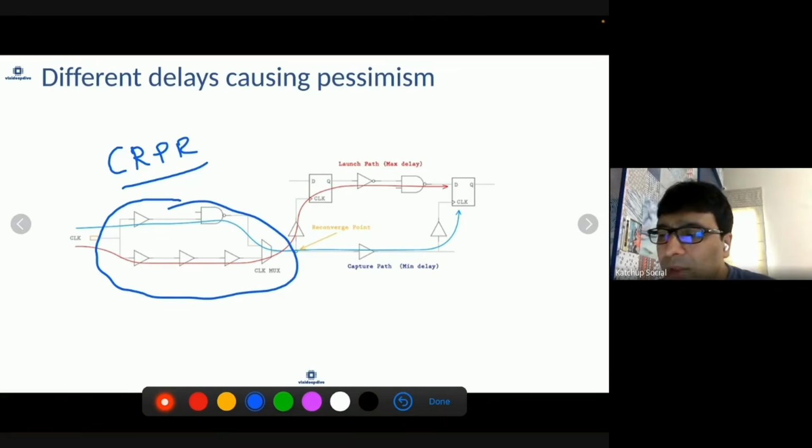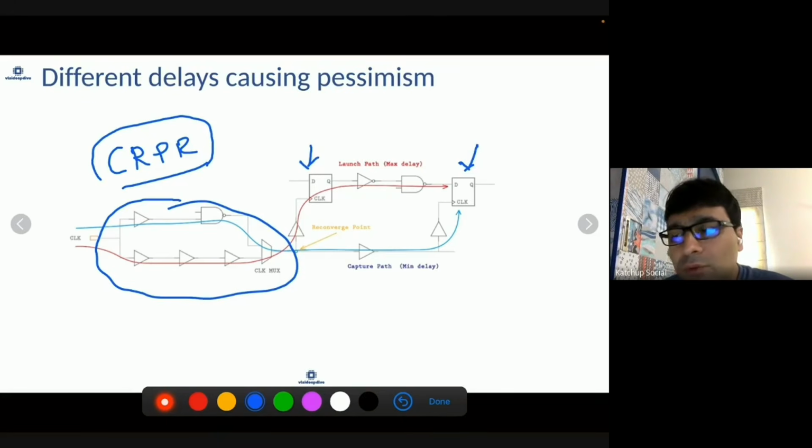This is an advanced concept, but basically you need to understand that there can be undue pessimism because of taking worst case for launch and a different delay for capture. There are techniques in STA, which are now, I think, on by default in most of the tools, by adding something called CRPR, which will reduce undue pessimism in the clock path logic.